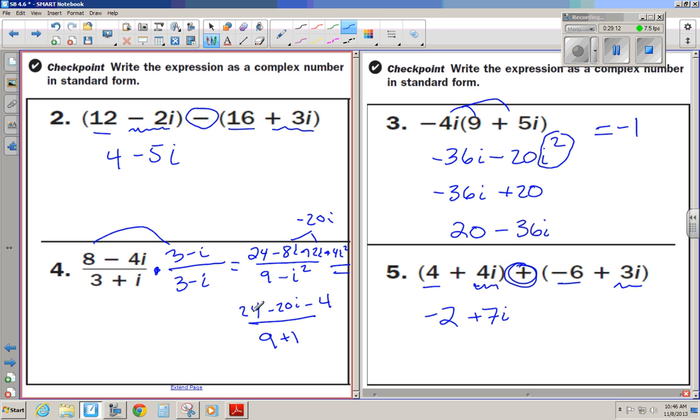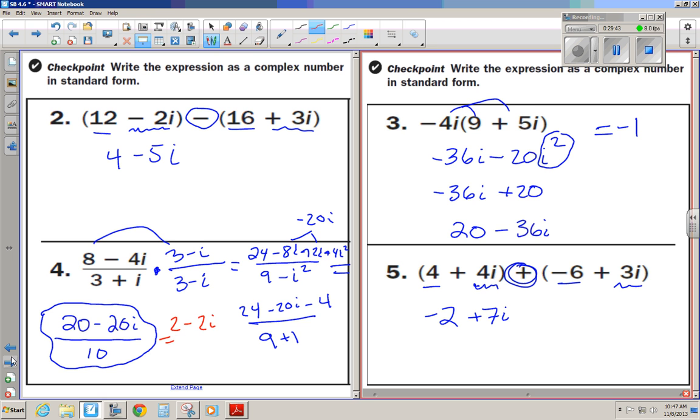So when you're looking at this, 24 minus 4, you end up with 20. 20 minus 20i divided by 10. And this is a completely acceptable answer. I will give this to you. But the next part is, look, 20, 10, 20, 10. That can reduce to 2 minus 2i. All right. Those are the checkpoints.